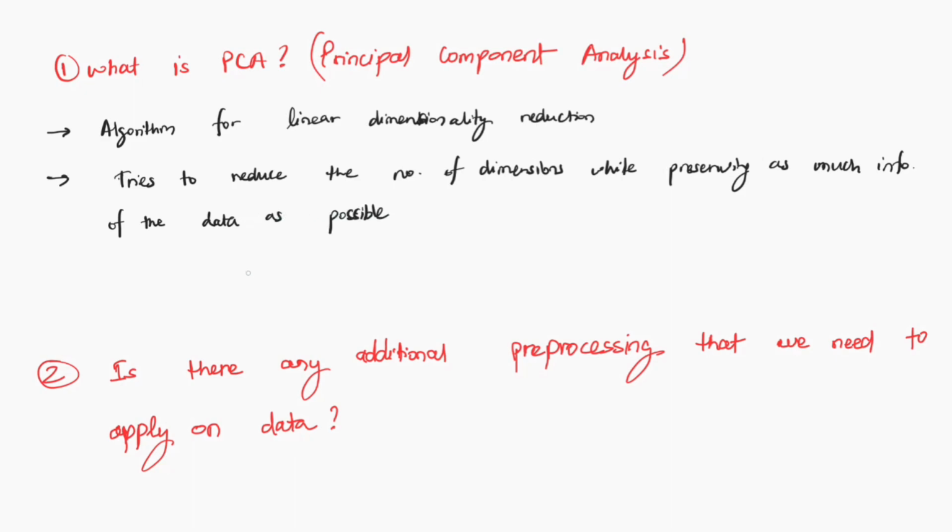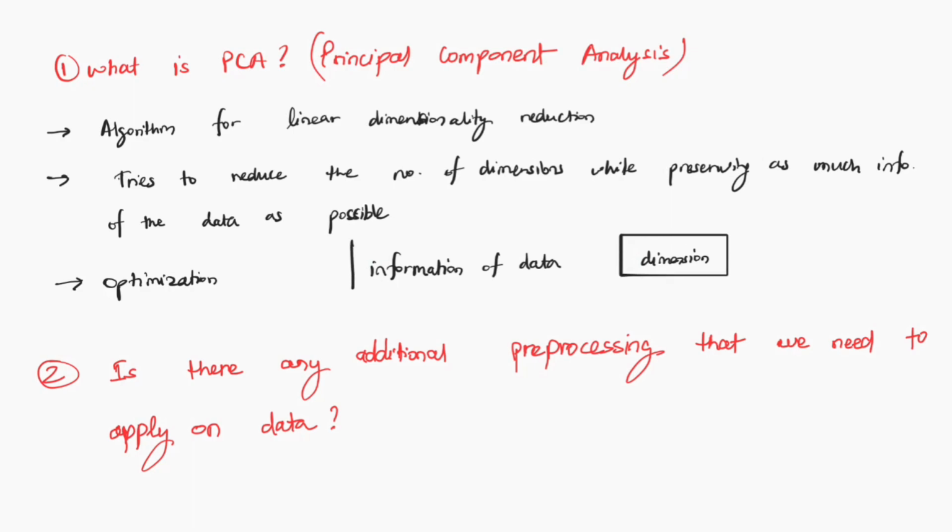So basically it is an optimization. Why do I say optimization? Because there are two things here: information of the data and these dimensions, and these are correlated in some sense.